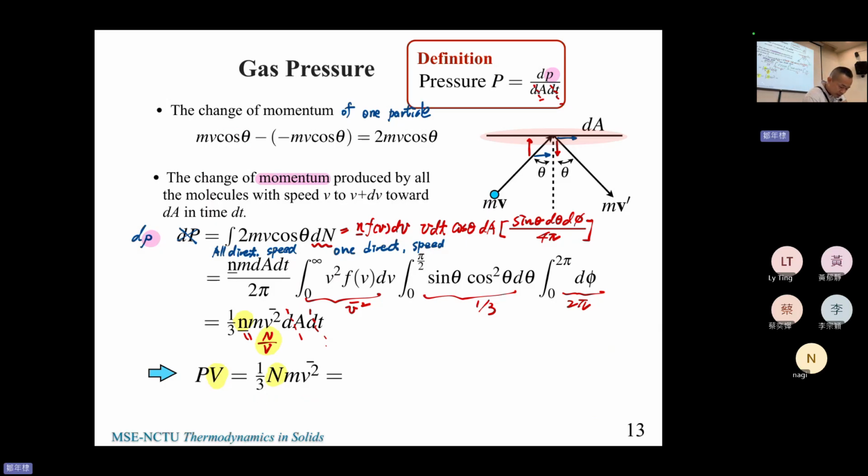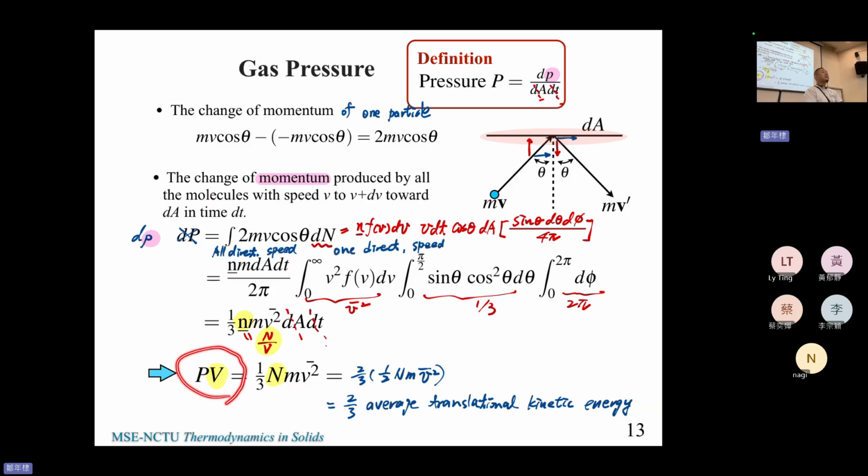What does that mean? Let's take a look. It is 2/3 times half m v squared. So you see 2/3 of the average translational kinetic energy. So our PV equals this value.